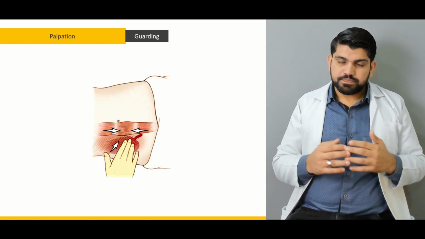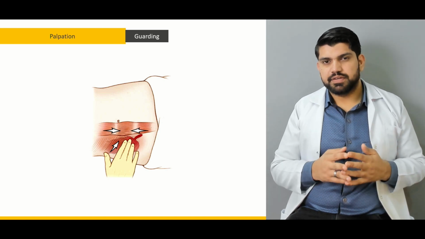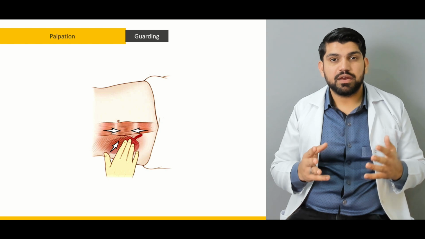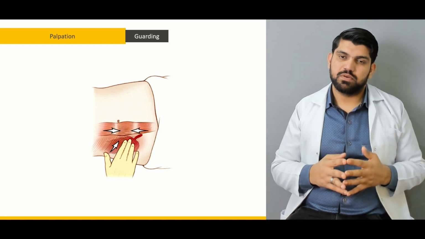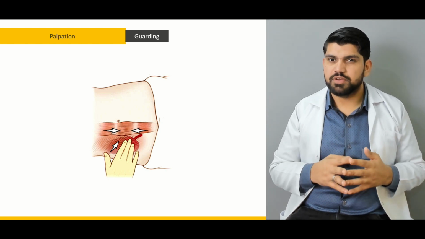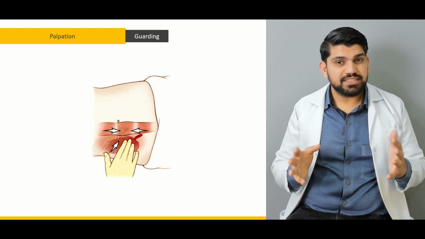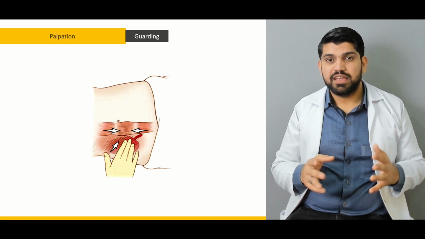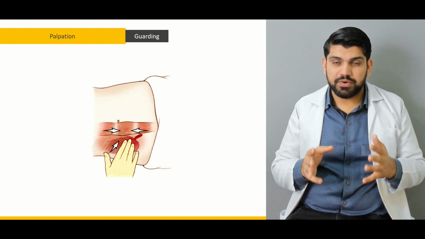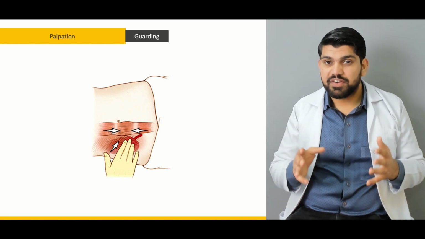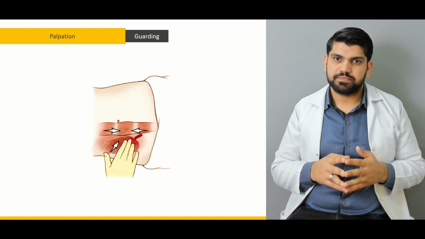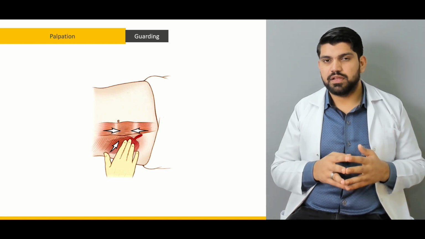Before moving on, how to palpate? Palpate with one finger examination. One finger palpation is highly recommended because this can help you understand where exactly the pain is. This is superficial palpation.